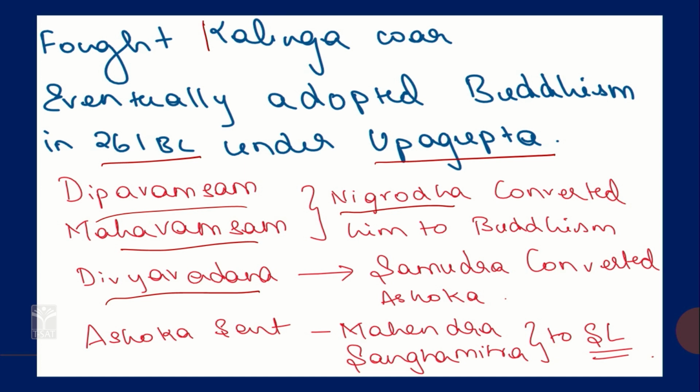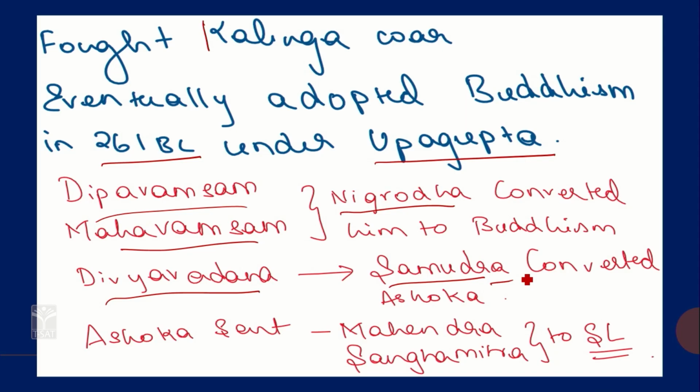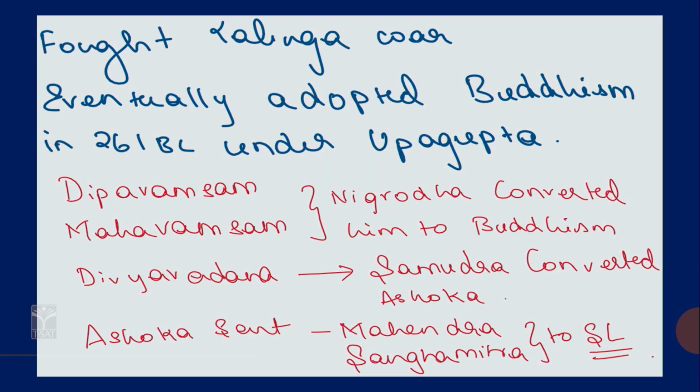Another Buddhist book says it was Samudra. So, three names are given for the same person: Upagupta, Nigrodha, Samudra. Depending on the options, if the Sri Lankan text is mentioned, you should select Nigrodha. If the other Buddhist text is mentioned, you should select Samudra. Upagupta, in general, we believe is the monk who actually converted Ashoka to Buddhism.